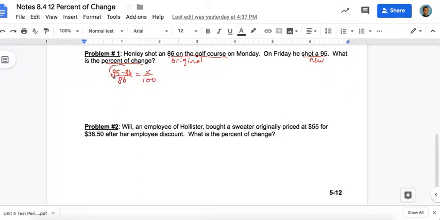Okay, now we're going to do this subtraction here. 95 minus 86 is 9. 9 divided by 86 equals x over 100. We're going to do cross products. 86 times x is 86x. 9 times 100 is 900.